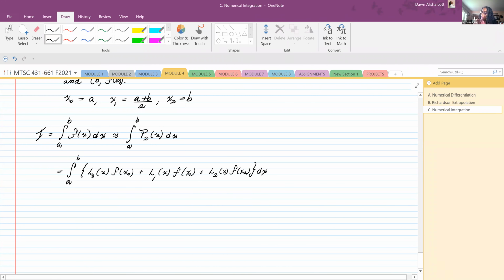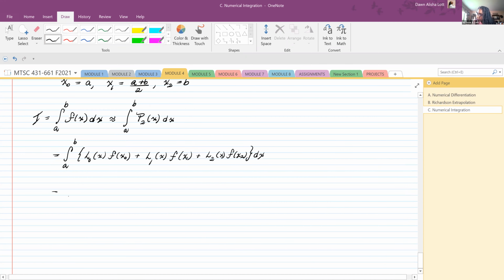And so like we did before, we pulled the f of x naught out, and that gave us the integral from a to b, and the first polynomial was x minus x1 times x minus x2 divided by x naught minus x1 times x naught minus x2 dx, plus dot, dot, dot, all the way to the last one.